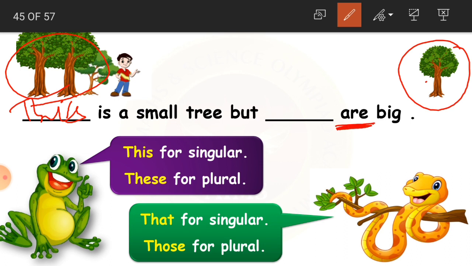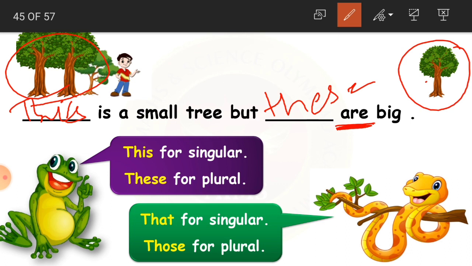See, A-R-E is there, plural. But these are big. This is a small tree, but these are big. So this we are going to use for singular and these is for plural.